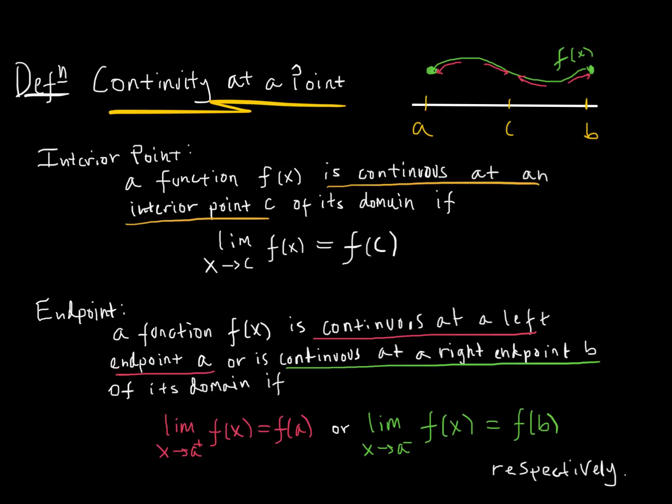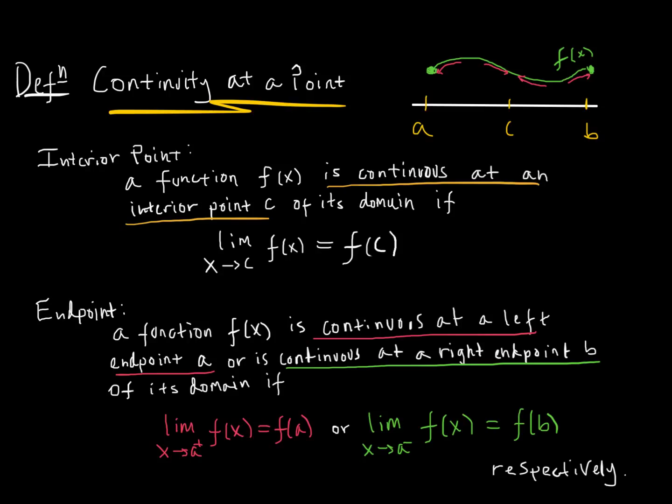So that's the first criteria, f of C is defined. The second criteria is that this limit actually exists. If it doesn't exist, there's no way for it to equal the value at C. And then the last criteria is, of course, the one we've written, which contains those other two, and that is that the limit as x approaches C of f of x is equal to the function at the value C.